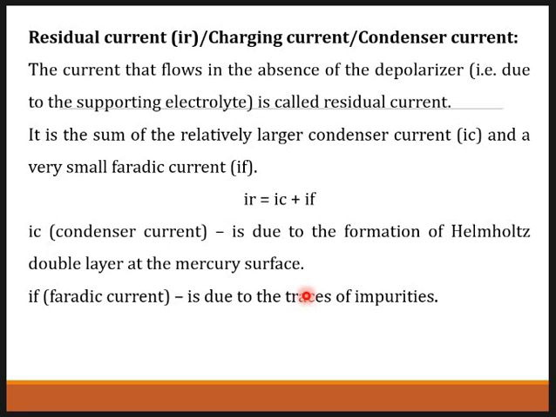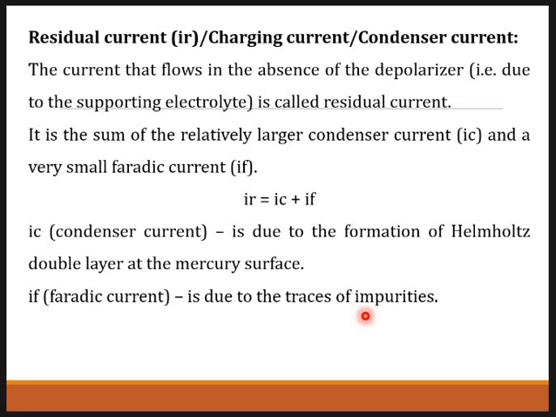The greater the residual current, the lesser the sensitivity of the polarographic method, because the residual current is mainly due to the formation of a double layer and the presence of impurities.